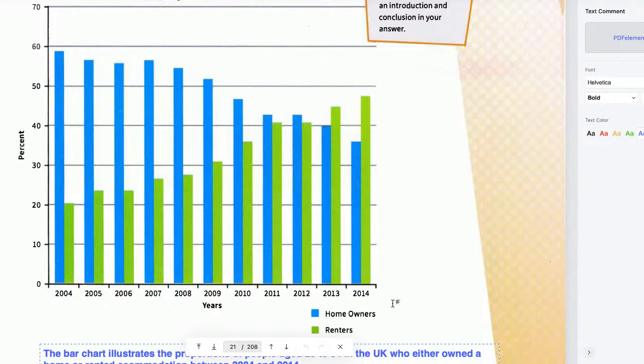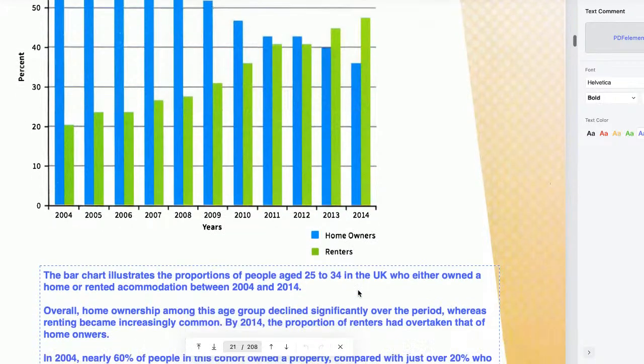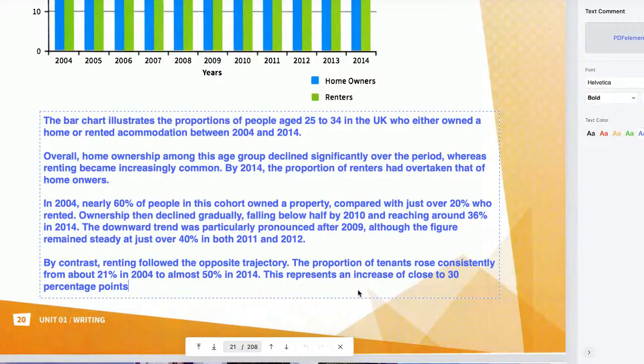So comma, 30 percentage points, comma, with the sharpest growth occurring in the later half of the period.